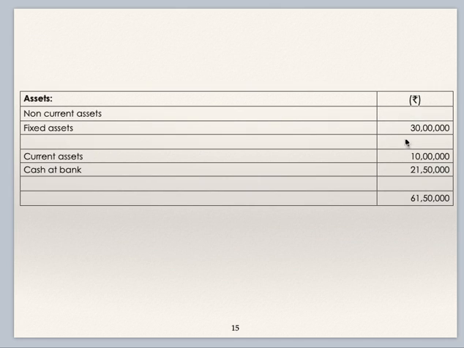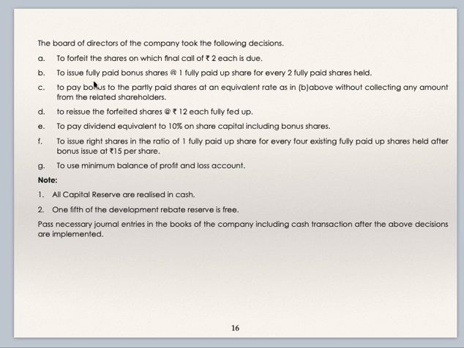On assets you have non-current assets, in that fixed assets 30 lakh, current assets 10 lakhs, cash at bank 21,50,000. Total of the assets is 61,50,000.